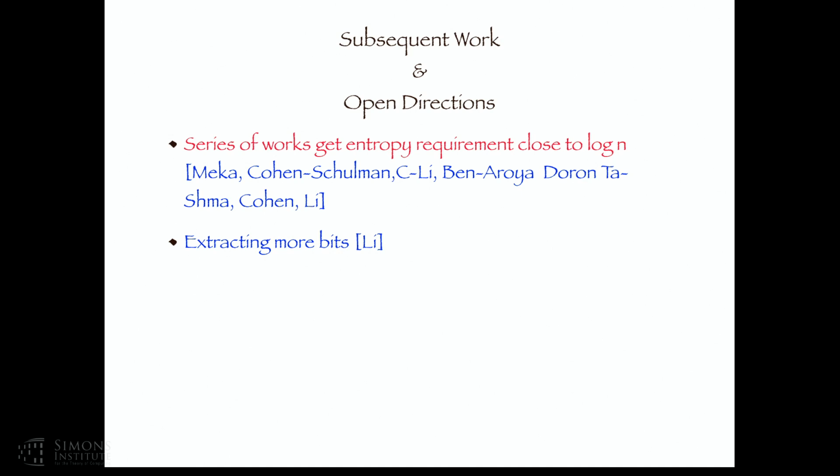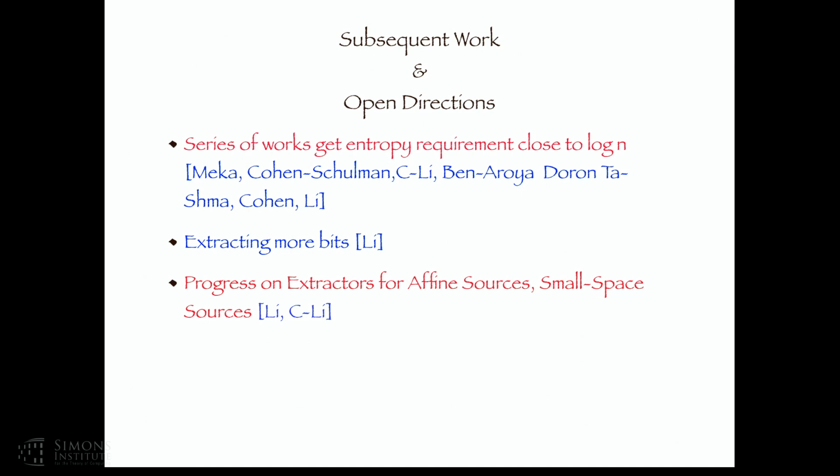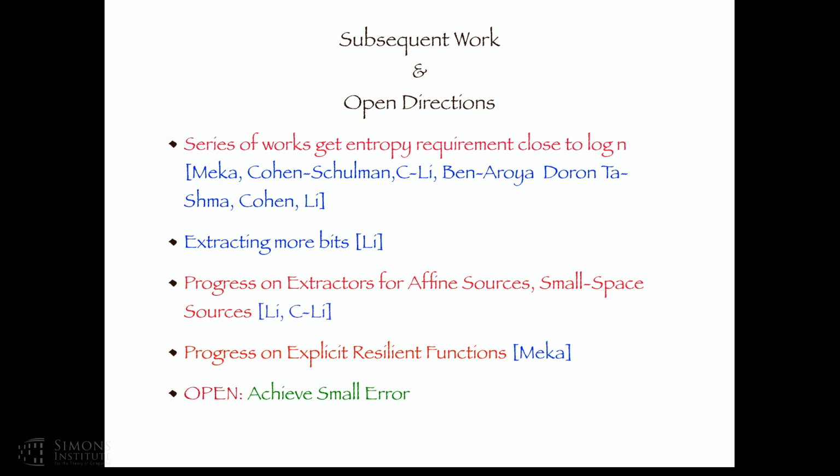Shin showed how to extract more bits. There's been exciting progress on a lot of different other kinds of sources which were stuck for some time. Raghu Meka improved our resilient function. And one problem which would be really nice to solve is achieving small error.